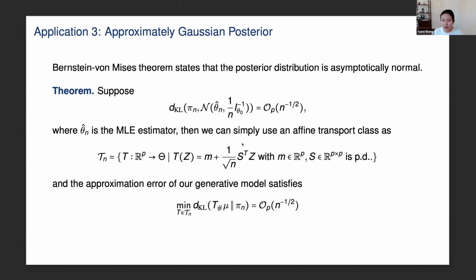And in this case, I only need to find a linear affine class, trying to learn basically the location and the scale parameters of this approximate Gaussian distribution. And even with this simple transport class, this will give us an estimation error at the root n rate.